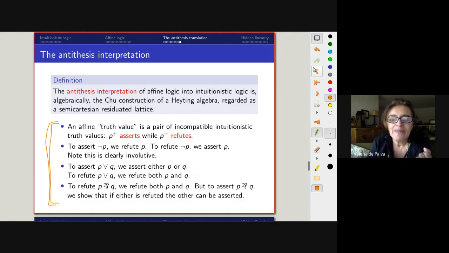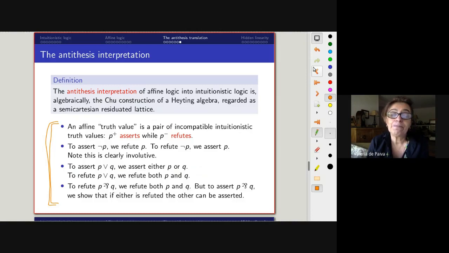One of the conclusions could be that for every logical system, you should think about assertions and refutations. Or it could be that we are forcing things to be symmetric, because the negation is very similar to the negation in linear logic itself.